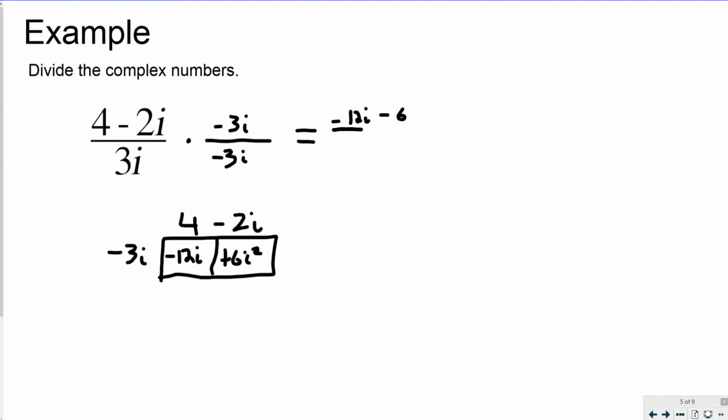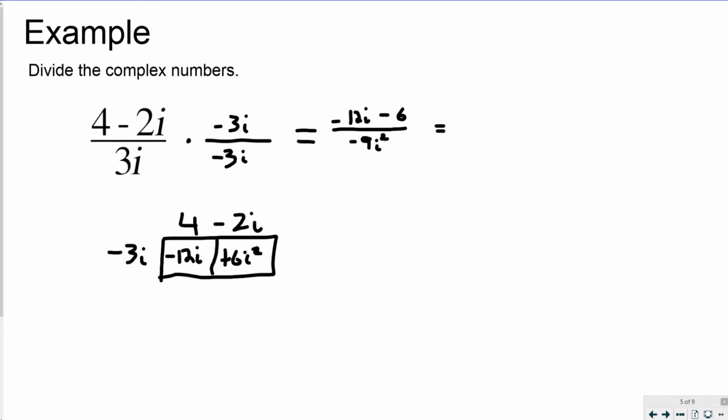And then divided by, on the bottom, I'm going to get 3 times negative 3 is negative 9, and then i squared. So I still have some simplification to do here. Okay, so that's my raw multiplication.